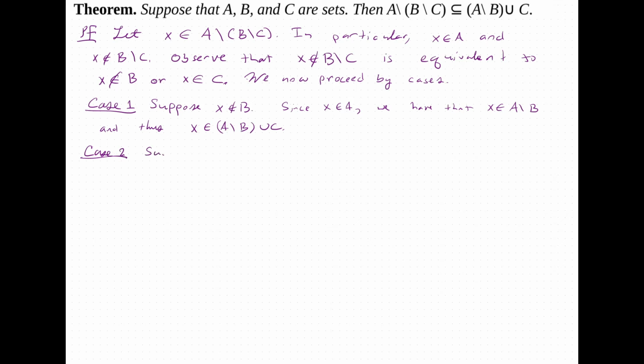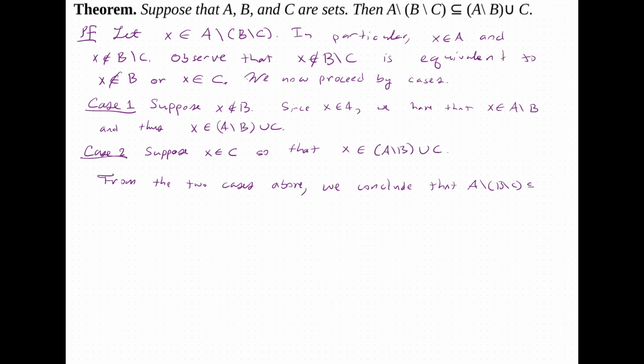So now we're going to suppose that x is in C. Now, in this case we don't need to use the fact that x is in A, but we can again go ahead and say, so suppose x is in C, so that x is in A minus B union C. In both cases, so from the two cases above, we conclude that A minus B minus C is a subset of A minus B union C. And so we can now conclude the proof here.